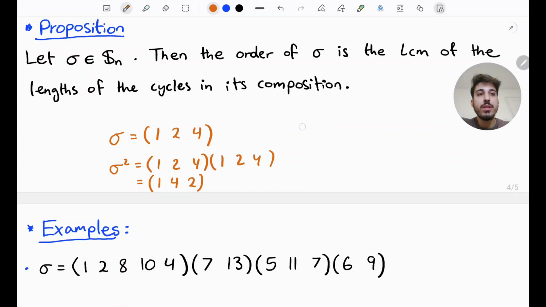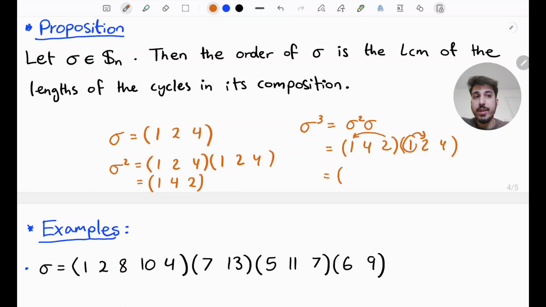So let's say sigma cubed. So sigma cubed is sigma squared times sigma, right? And sigma squared is already calculated to be (1 4 2). And sigma is (1 2 4). So that is equal to, again, 1 goes to 2, 2 goes to 1. So 1 is fixed, 1 is not in any cycle. Let us see what happens to the element 2.